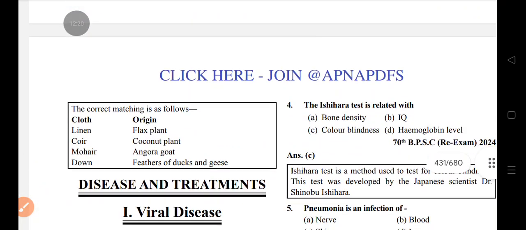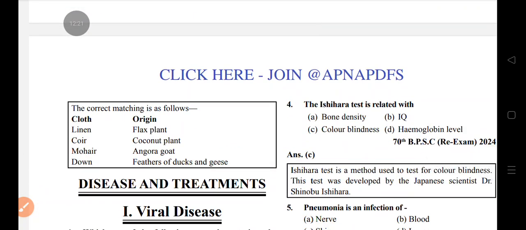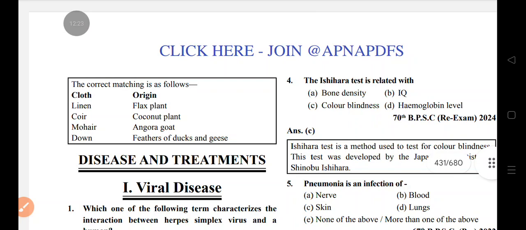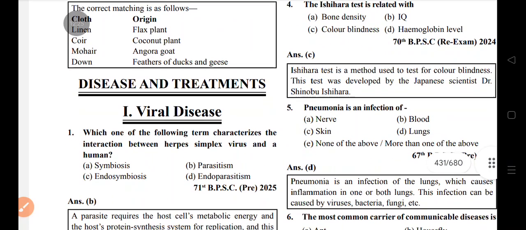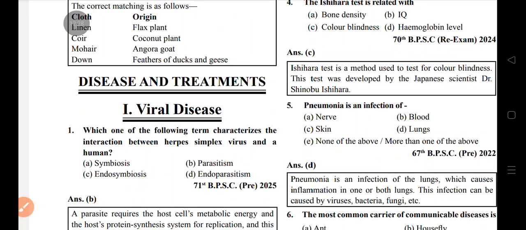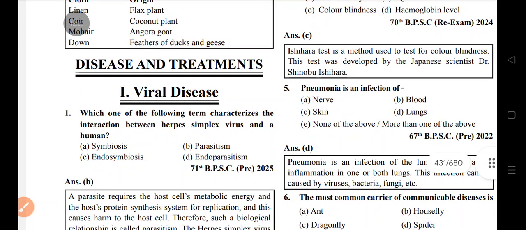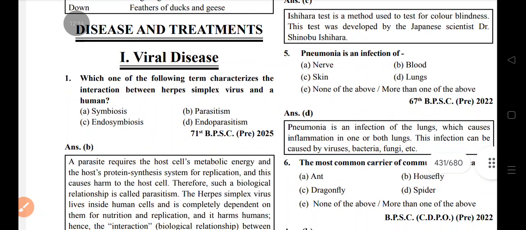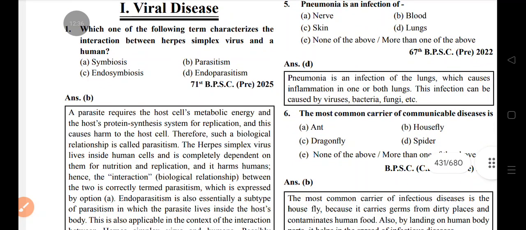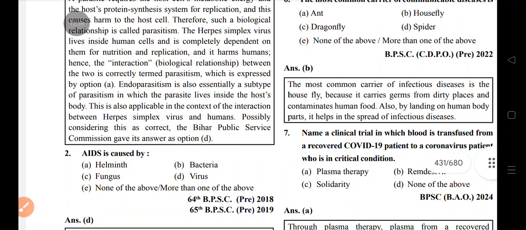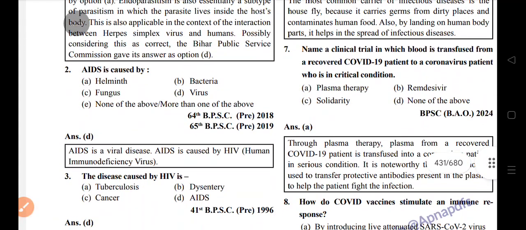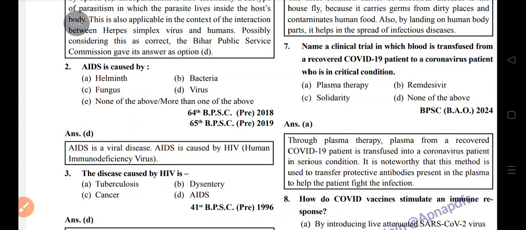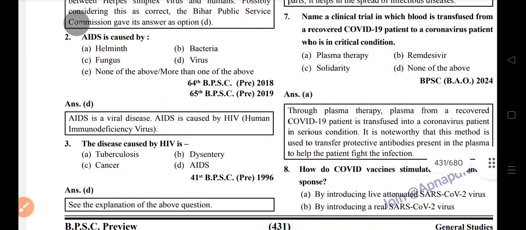Linen and flax plant, coir, coconut plant, mohair, Angora goat, down, feather of duck, and cheese. Disease and treatment. Viral disease. Interaction between herpes simplex virus and the human: parasitism. AIDS is caused by a virus. The disease caused by HIV is AIDS.